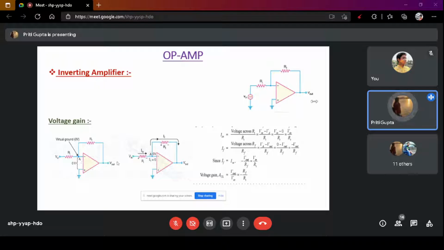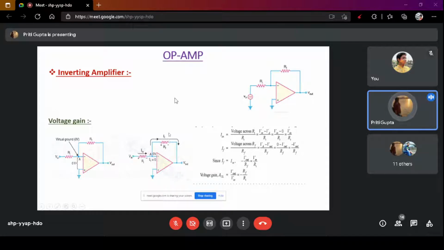Input current IIN equals voltage across this divided by resistance, so VIN minus VA divided by RI. VIN minus this one, which is 0, divided by RI. So IIN equals VIN divided by RI.